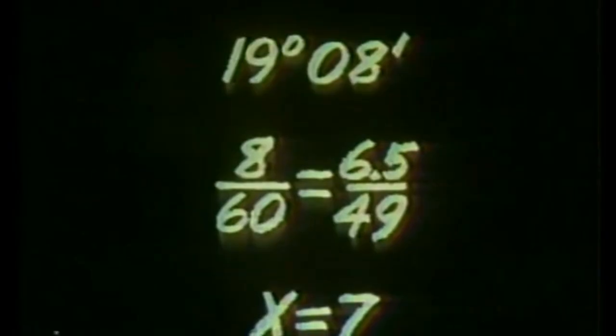Or X equals approximately 6.5, rounded off to 7. However, this formula is more easily solved by turning to correction table 5 in the back of HO 249. Enter the table with the D value of 49 and move down the minute column to 8. The correction value is read off as 7.